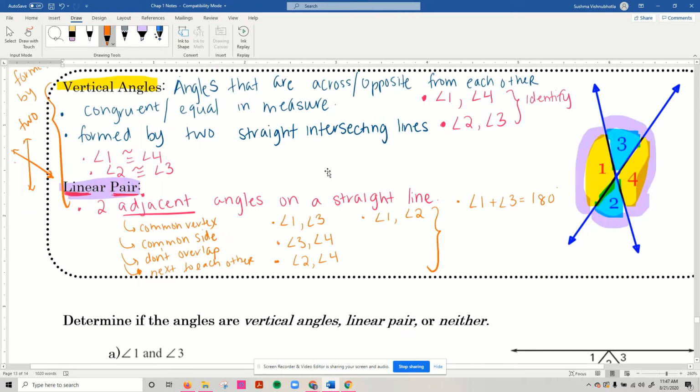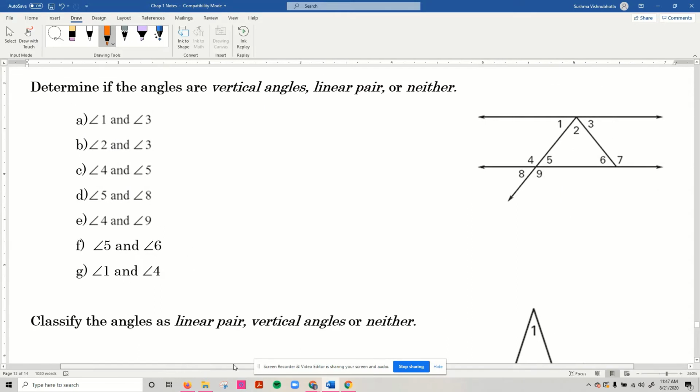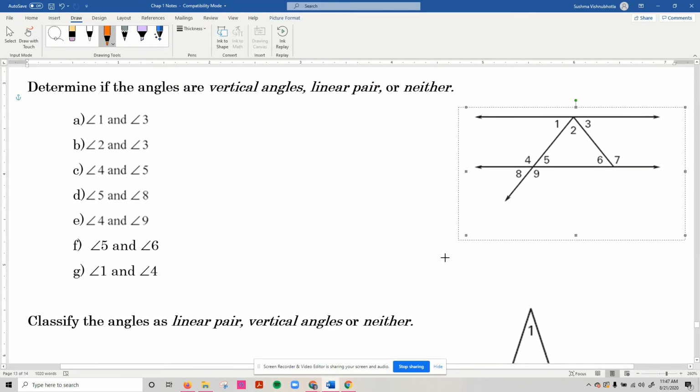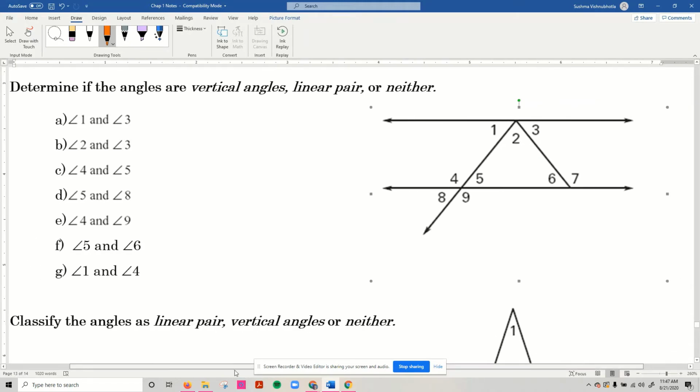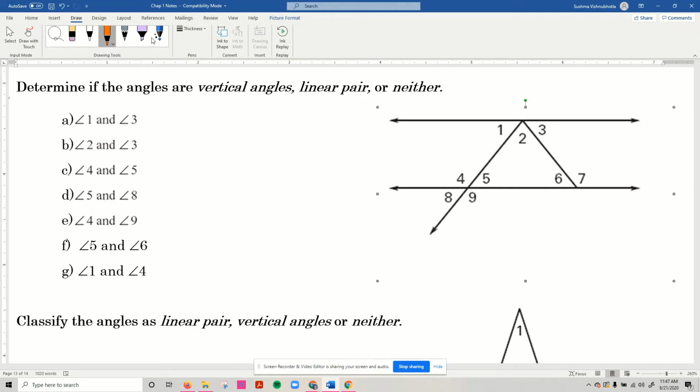All right, moving on. Now, we did some of these in class. So determine if these are vertical angles, linear pair, or neither. Angle 1 and 3. These would be neither, because again, even though they're both on the same straight line, they are not adjacent, so they cannot be a linear pair. So 1 and 3, neither. Okay.